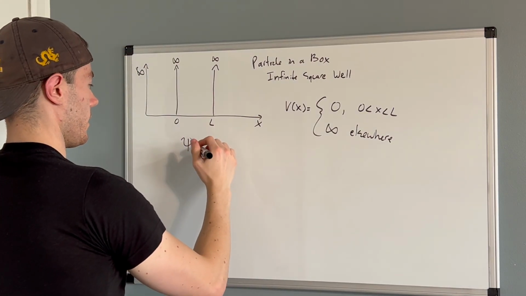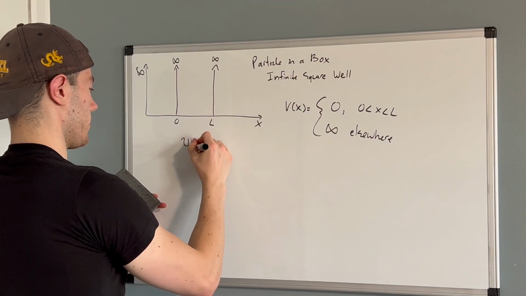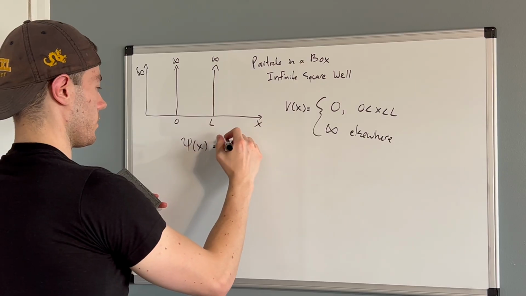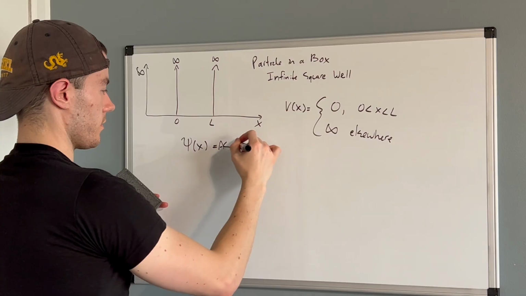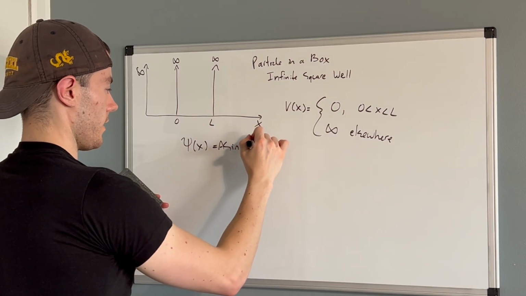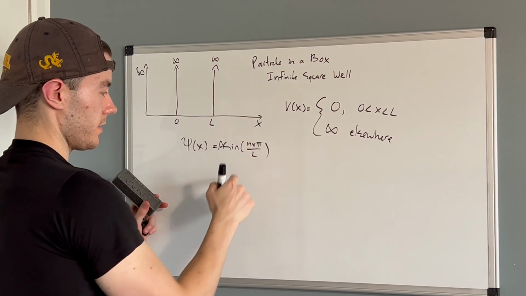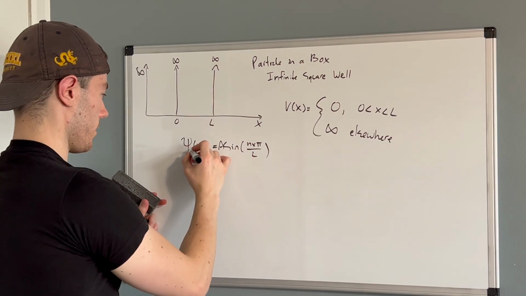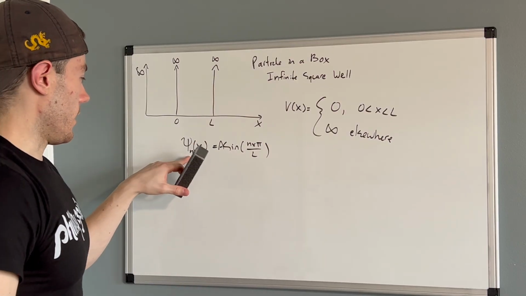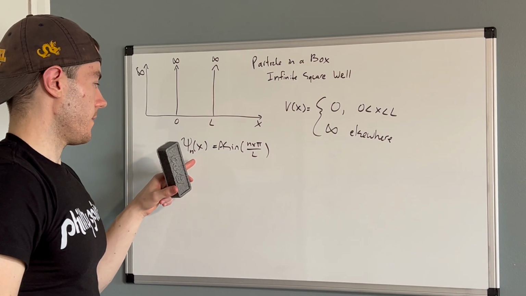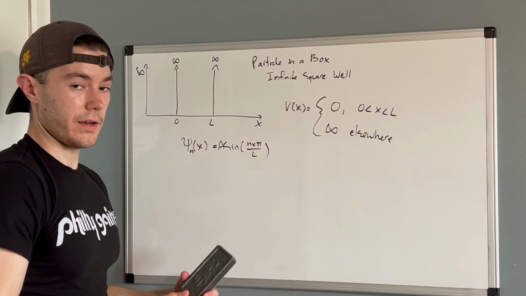So we said that psi of x, the wave function, is equal to some coefficient A times sine of n pi x over L, which is the amplitude. And this n is going to turn out to be the quantum number, and each psi of n is going to be like the state of the particle.